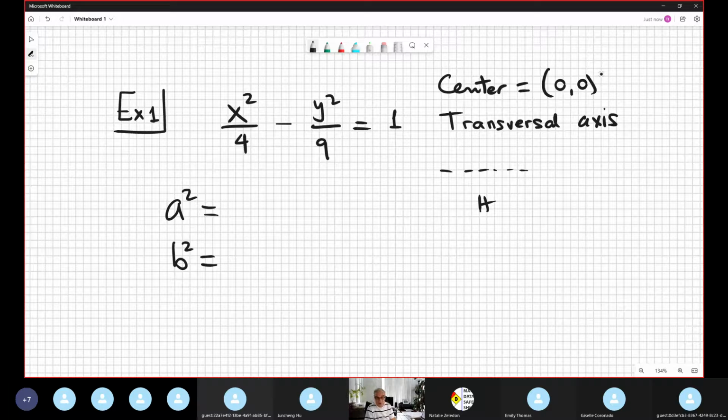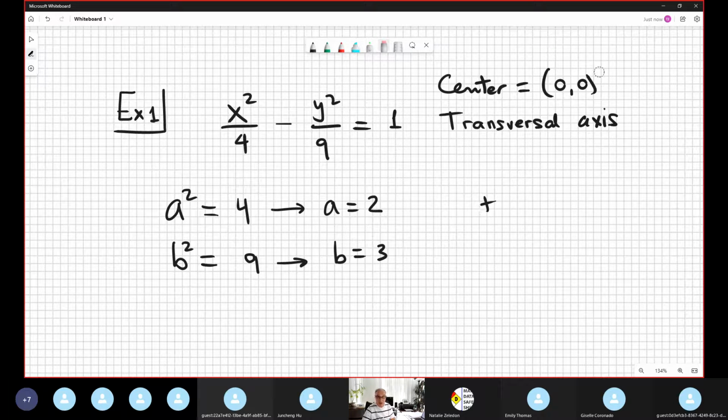After you take the square root of both sides, you tell me what is A and what is B. 4 and 9. So A squared is 4 and B squared is 9. Therefore, A is 2 and B is 3.